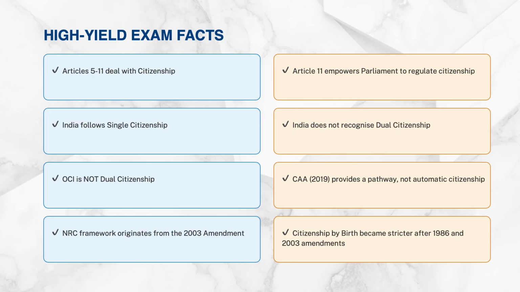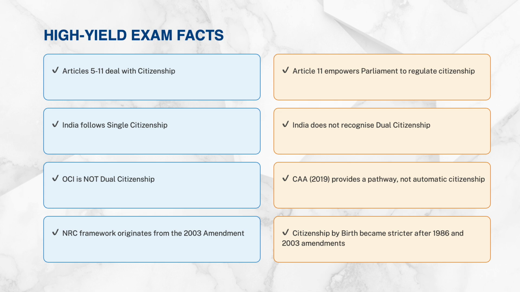The NRC talk has been going on recently. It is a very important framework, and it's something so important at the moment to deal with those immigrants. NRC framework originates from the 2003 amendment, very important.